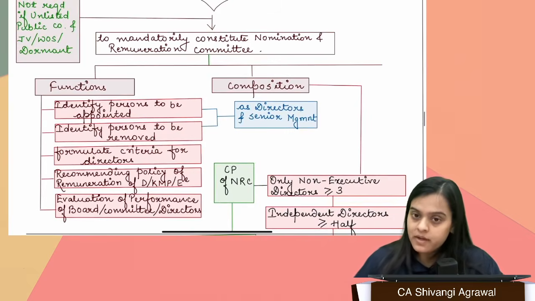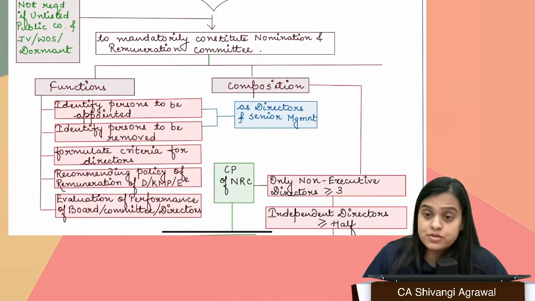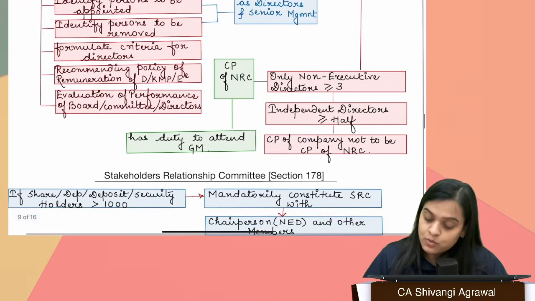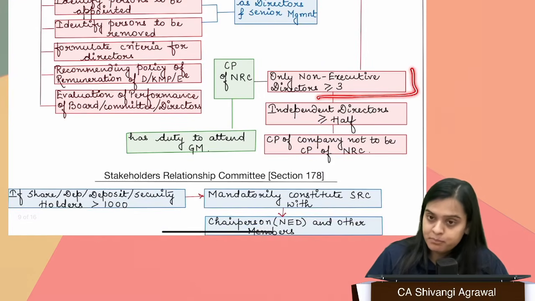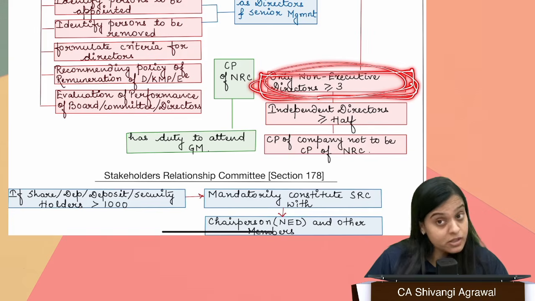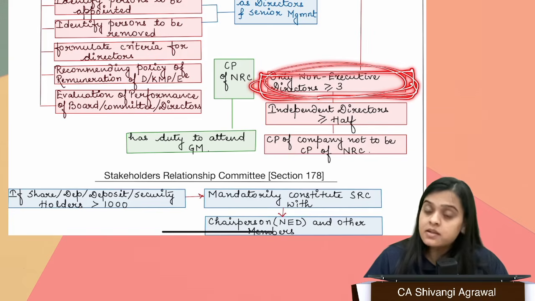Now NRC, what are you going to do? And what is going to be your composition? You have to have minimum 3 directors, and they are going to be non-executive only. There is no such requirement in the audit committee. Here 3 or more non-executive directors, and half have to be independent directors.